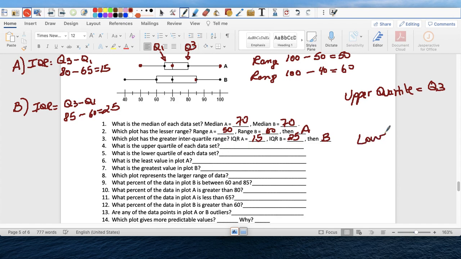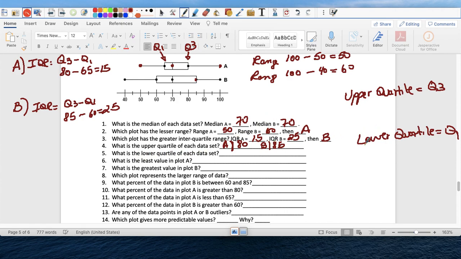Lower quartile es la misma cosa que Q1. All right, so upper quartile, Q3, is 80 for A, and for B it's 85.